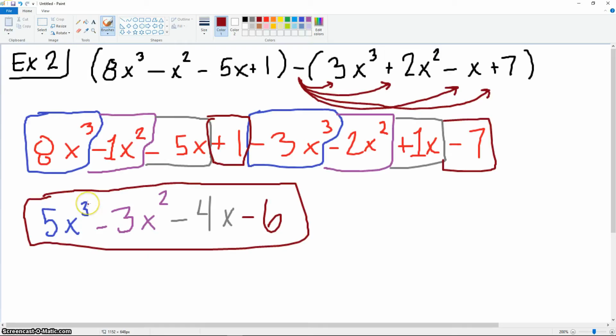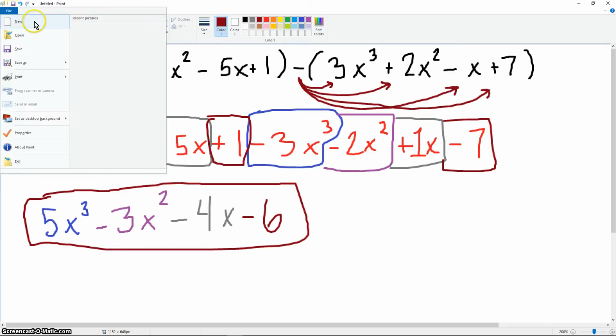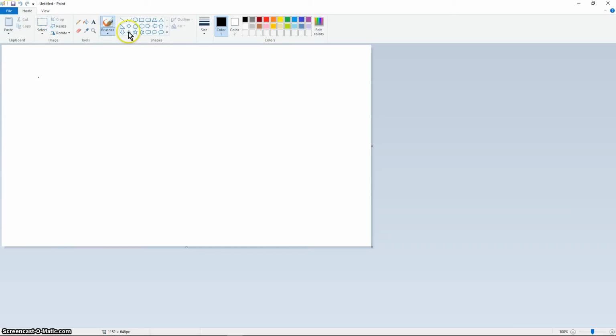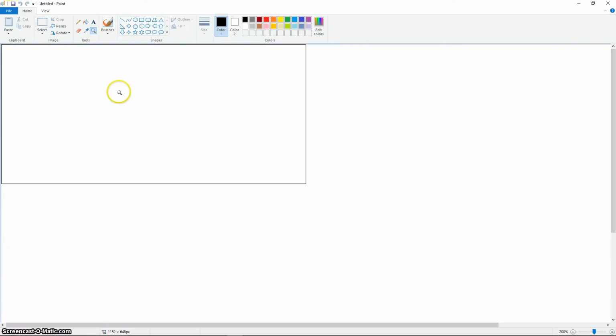Okay, so this is subtracting. The key thing here is to basically distribute and then combine like terms. Okay, we're going to now move on to multiplying polynomials. And we're probably going to start with something simple, something that you have seen in Algebra 1.